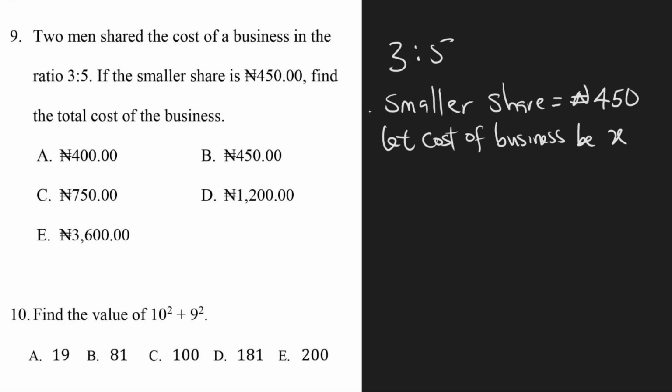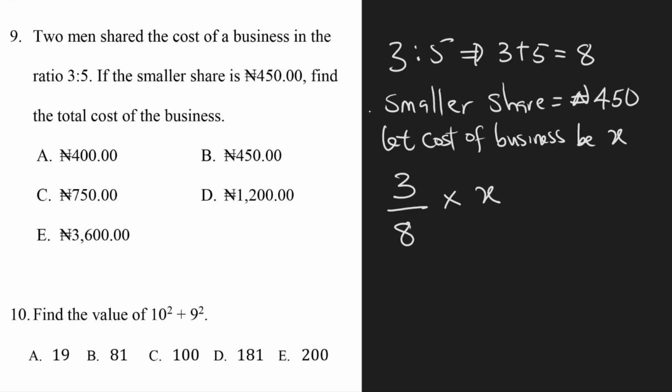So as we know in ratio, in order for us to get the amount for each of the two men, we simply add the ratio. So we are going to say 3 plus 5, and we're going to have 8, right? In order for us to get the cost of business using the smaller share, we're going to say the smaller share 3 over the total ratio, which is 8, times the total cost of the business, which is x, we don't know.